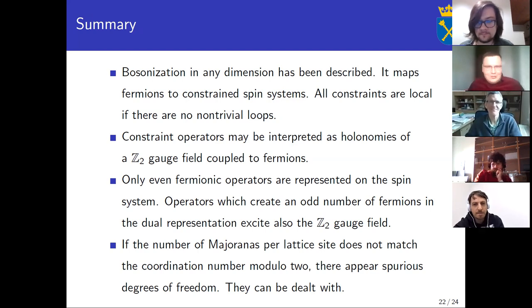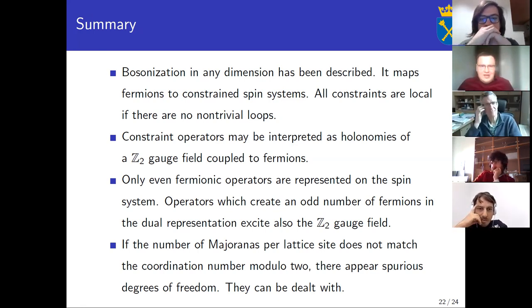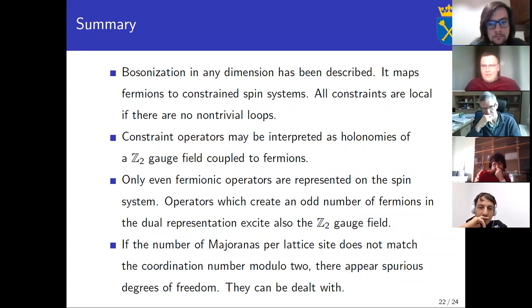I described to you a procedure of bosonization in any dimension, in quite general geometries, in fact. It maps fermions to constrained spin systems, and constraints are local unless there are some non-trivial loops in the geometry. These constraint operators that appear may be interpreted as holonomies of some Z2 gauge field that couples to fermions. Only even fermionic operators are represented in the bosonized systems.